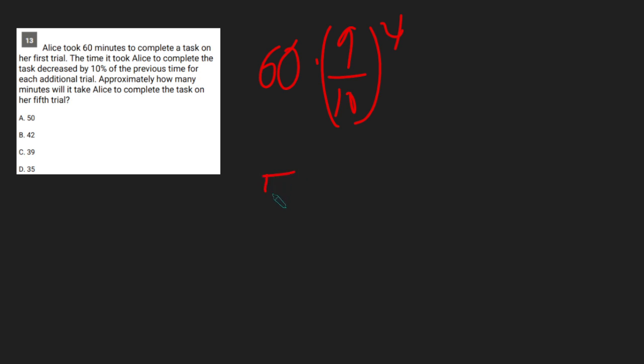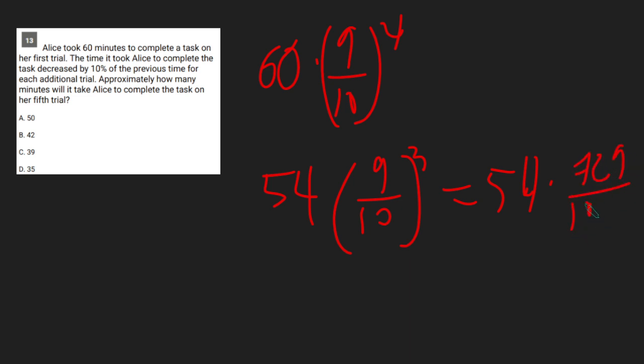So we have 54 times 9 over 10 to the 3rd power, and this equals 54 times 729 over 1,000, and so if it equals 729 over 1,000, that means that's approximately 0.7 times 54, and 0.7 times 54 is going to be 38. But it's a little more than 38, so it should be 39. So you see.